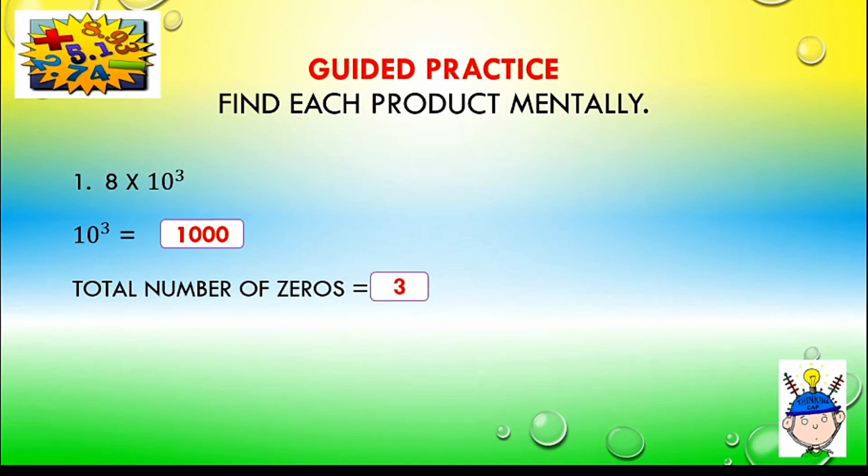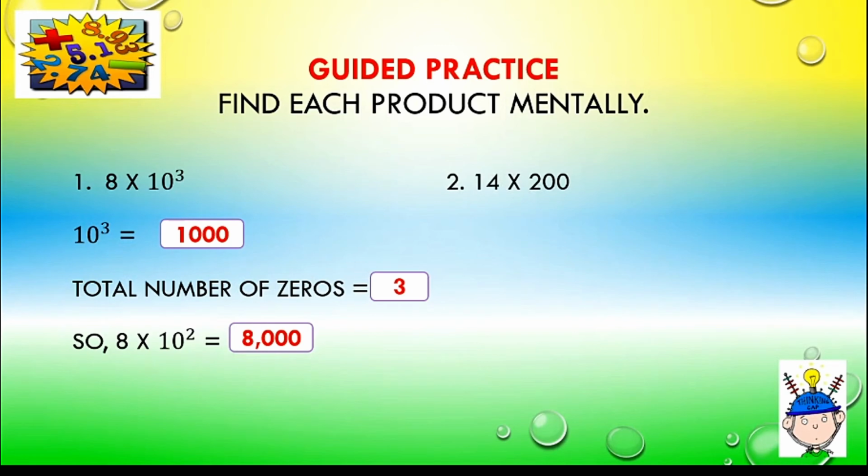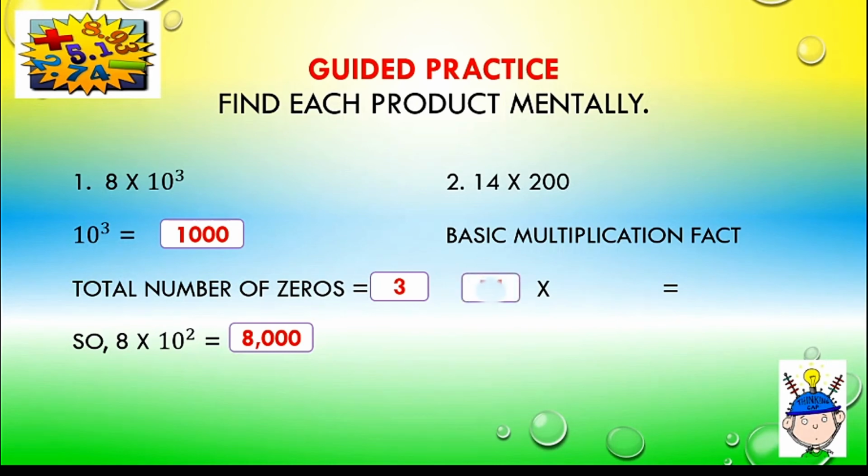Now, next, 8 times 1 equals 8. And copy the 3 zeros. So the answer is 8,000. Another one, 14 times 200. First, basic multiplication fact. 14 times 2 equals 28.